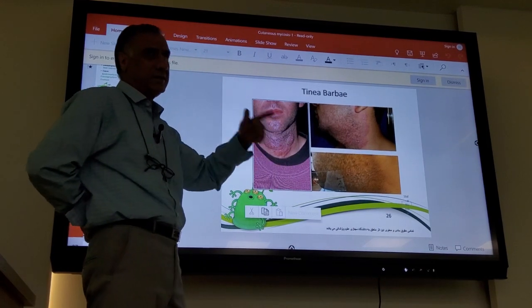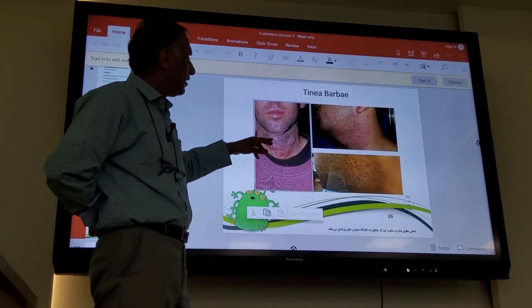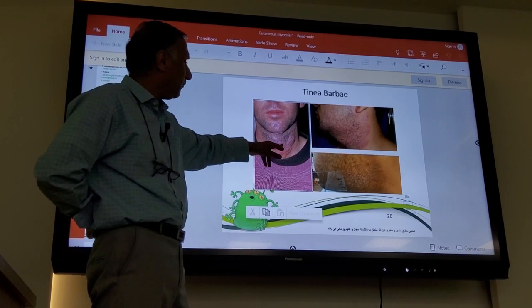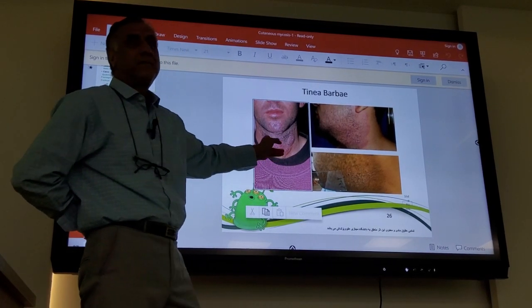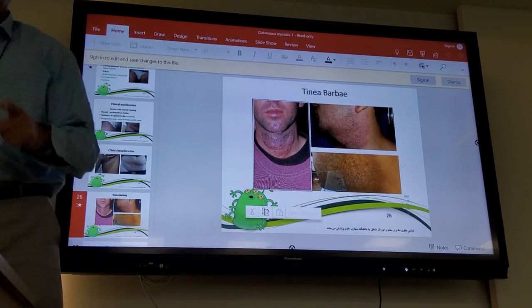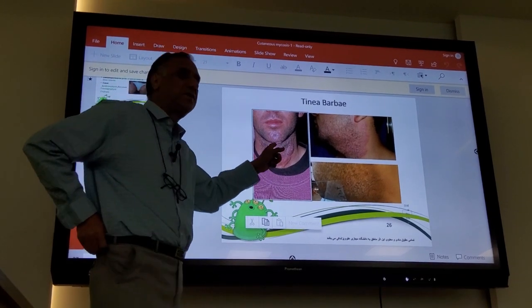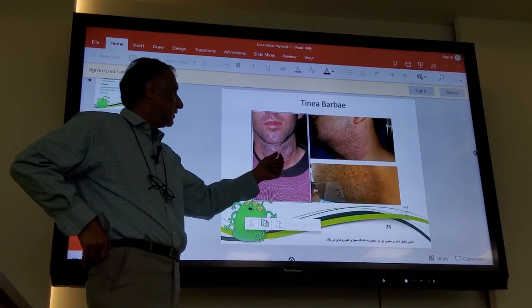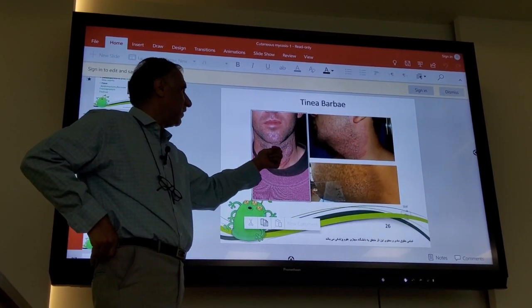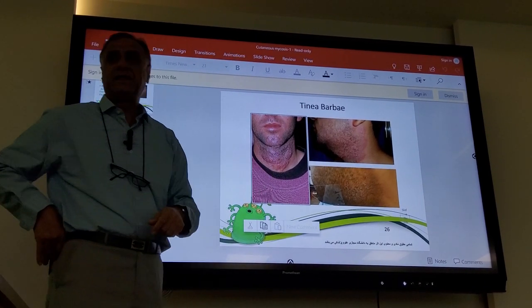Or sometimes in the second type, the deep type of tinea barbae, you may see deep abscess when the agent is Trichophyton verrucosum.